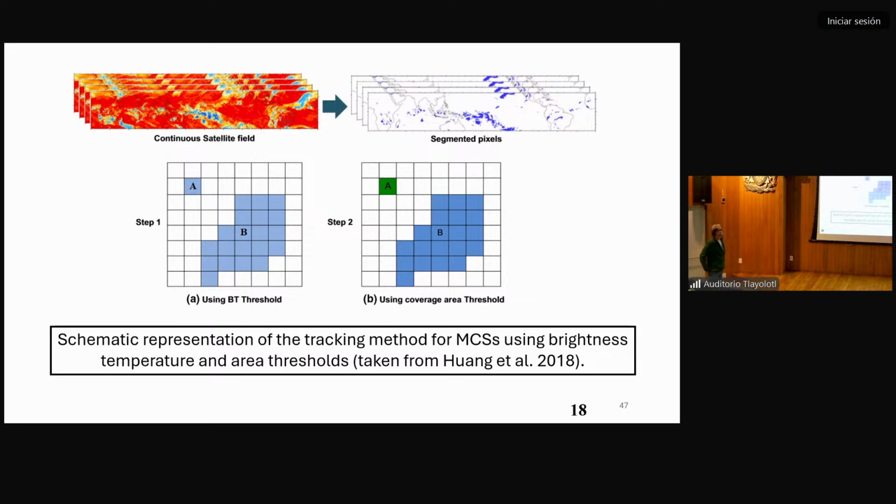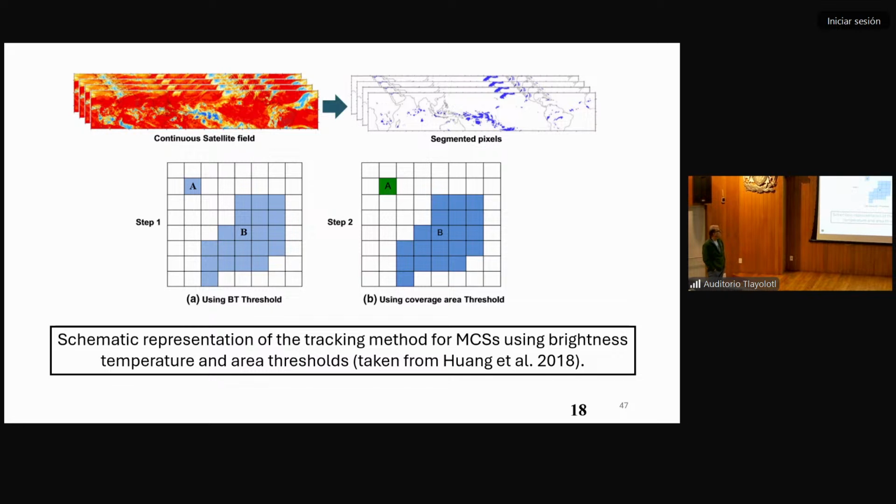There is a lot of theory and algorithms that I didn't explain in depth. But here you can see that we used this technique from Juan et al. 2018, and they use satellite imagery. You can use any kind of data sets, for example, clouds, and the other one is GPM.